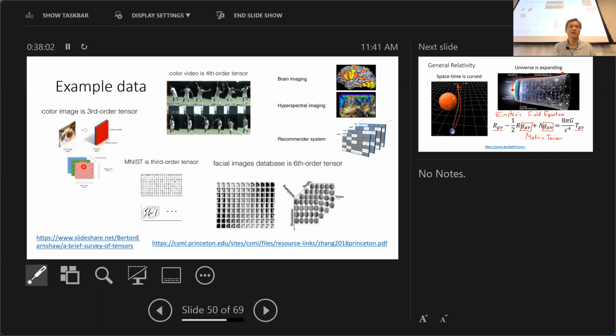For example, an image contains 3 color channels, right? So each picture has X, Y, and color, so it's a 3D data set. And with a time series, where each picture is 3D, then you have something like a 4th order tensor.